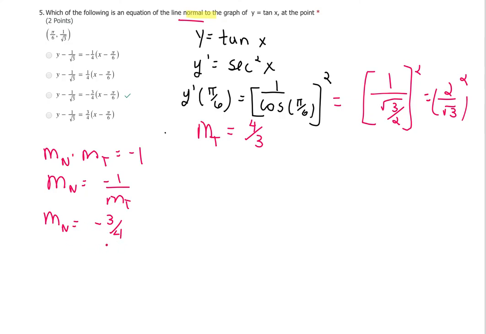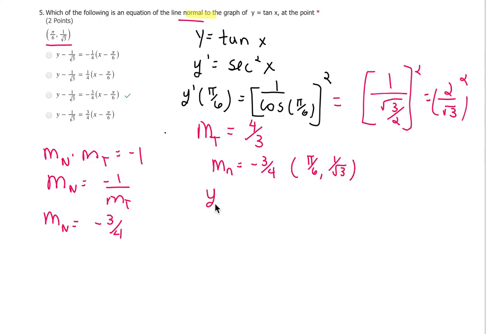So now I have my gradient, and the problem gave us a point. So they gave us the point pi over 6. Let's move up here. So now we know that my gradient of my normal line is -3/4, and we were given the point pi over 6, comma 1 over radical 3.